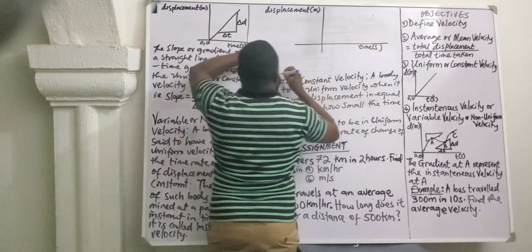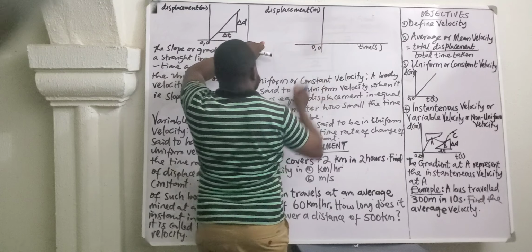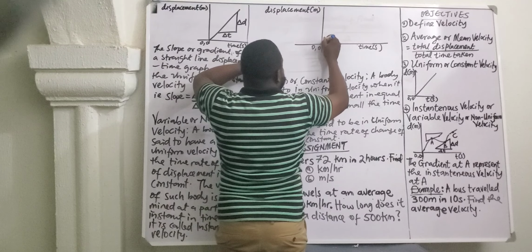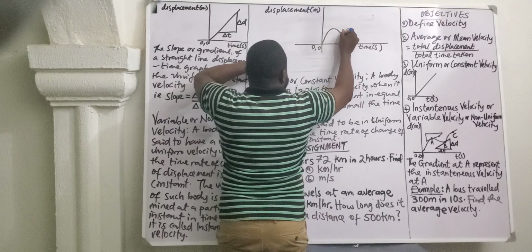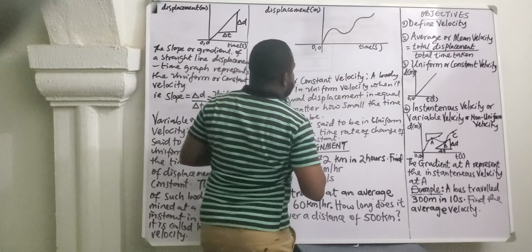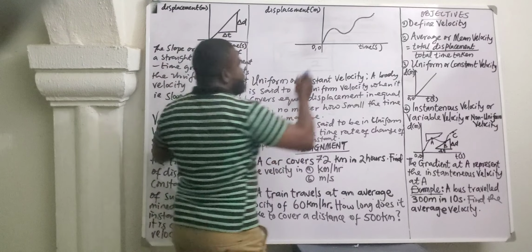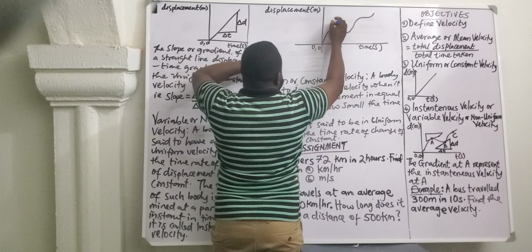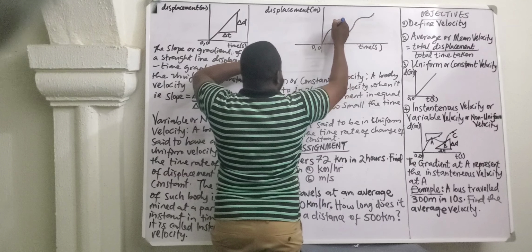You put the unit as well. Origin is 0, 0. So because it is not uniform, then it will be a curve. It's not a straight line. In such case, you can only determine the instantaneous velocity at a particular point in time.